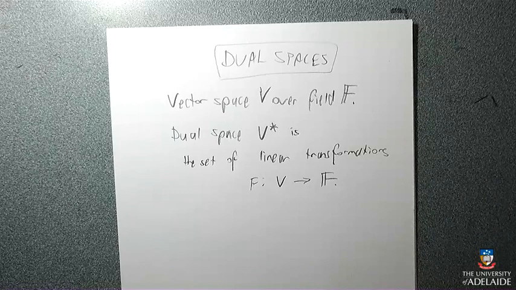So we would have to define what addition and scalar multiplication meant in there for this definition to make sense as a vector space. So I think we're going to need to think about that.